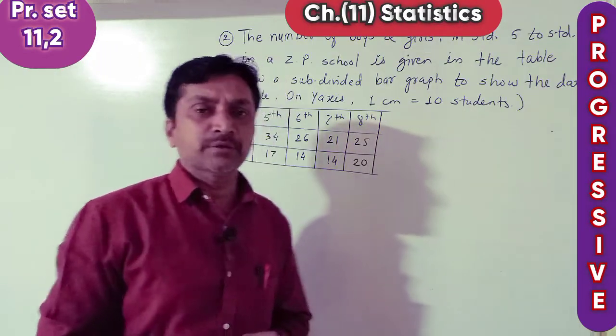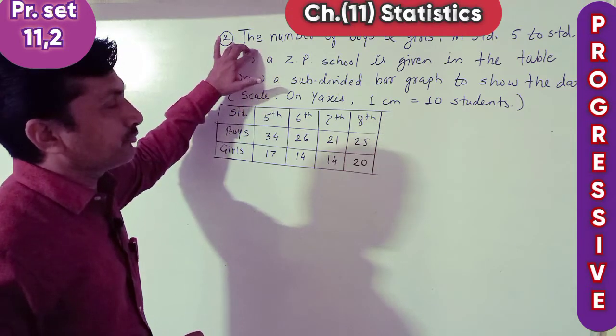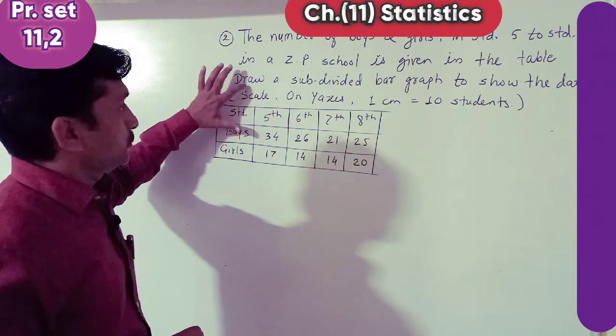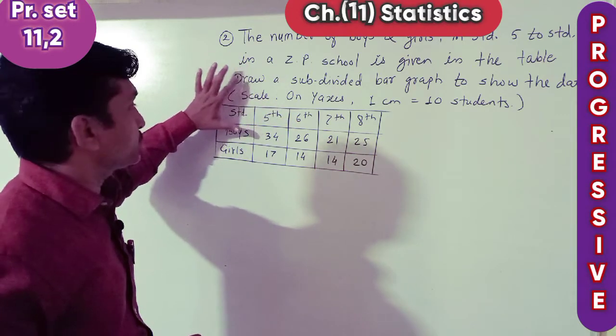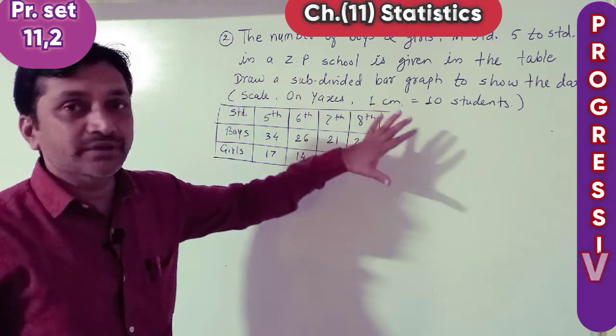Dear friends, let's see example number 2. The number of boys and girls in standard 5 to standard 8 in ZB school is given in the table. Draw a subdivided bar graph to show the data. The scale on the y-axis is 1 centimeter equals 10 students.